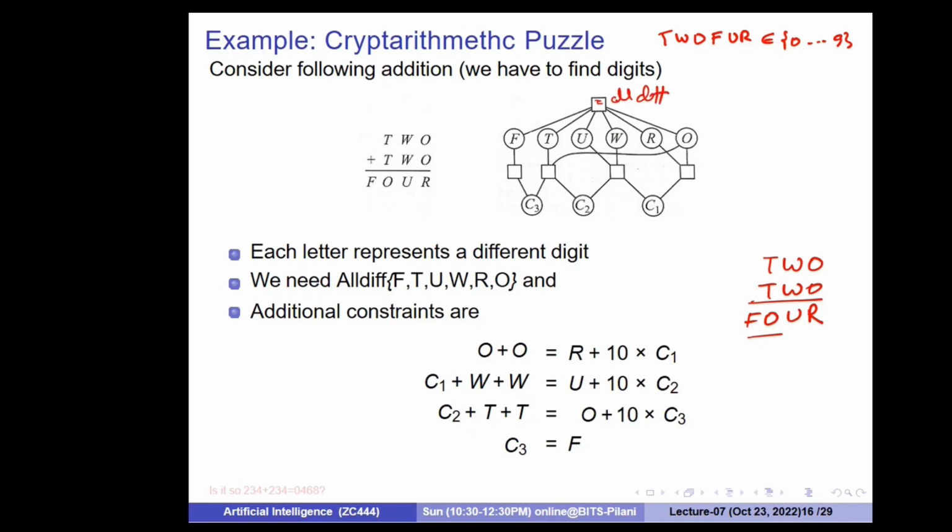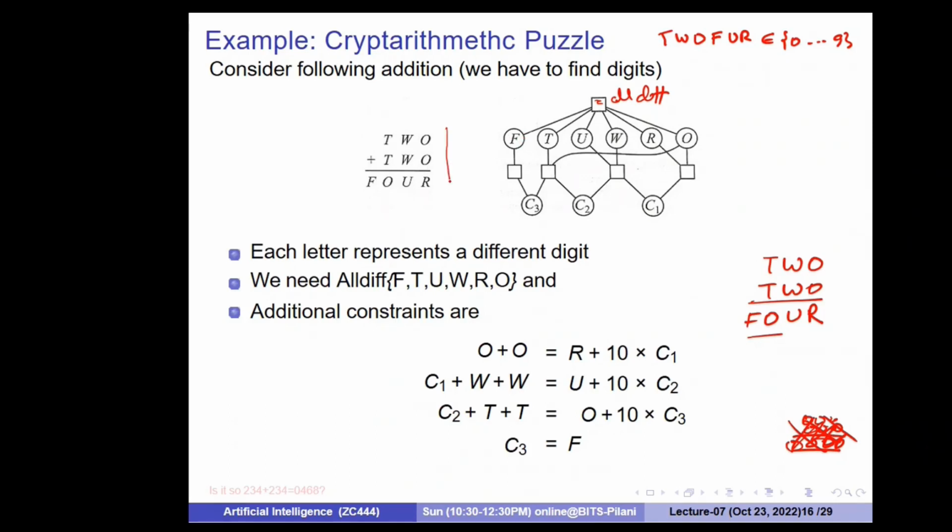I say that all of them are different. Otherwise, you can put all these values to be 0, so 0, 0, 0 plus 0, 0, 0 is equal to 0, 0, 0, 0. So let me say that this is not allowed. All of them are actually different. All diff.